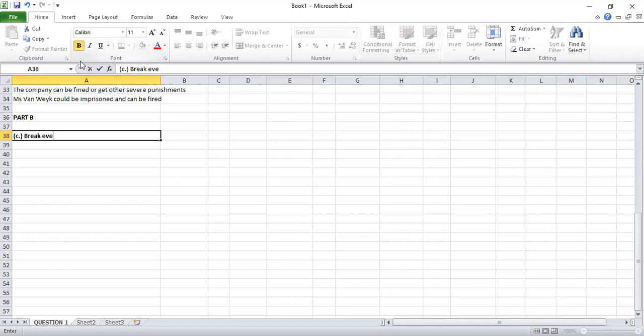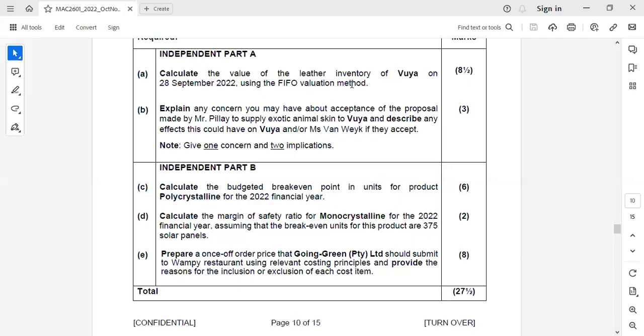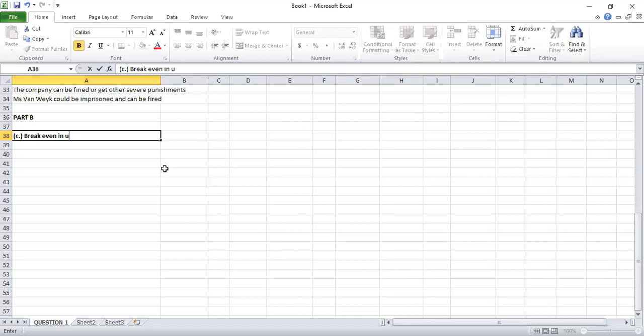Break-even is the number of units that have to be sold, here they said in units, so that the company does not make a profit or a loss. That means revenue is equal to the cost.